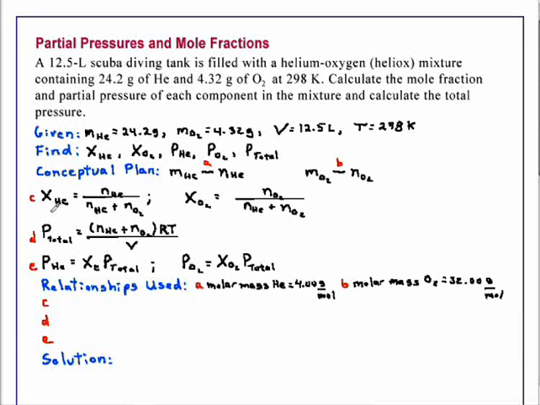Now, relationship C is simply the definition of mole fraction, where mole fraction X of any component, let's just call it component A, is the number of moles of that component divided by the total number of moles that are present.